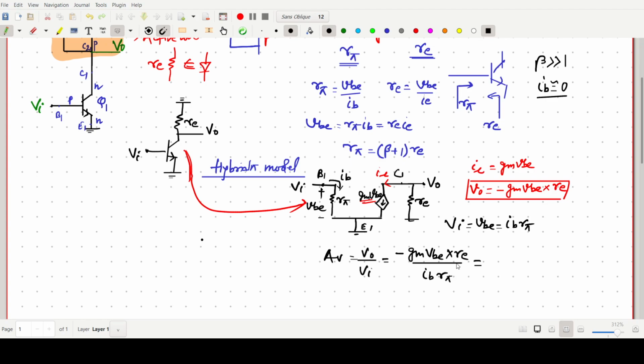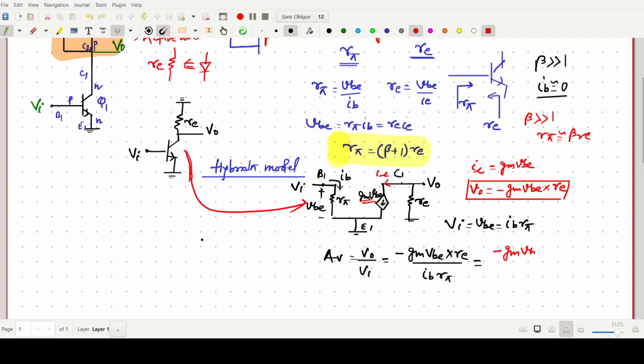What is the relationship between r pi and RE? r pi equals beta plus 1 times RE, and in our question it is clearly mentioned that beta is much greater than 1. So r pi is nearly equal to beta RE.